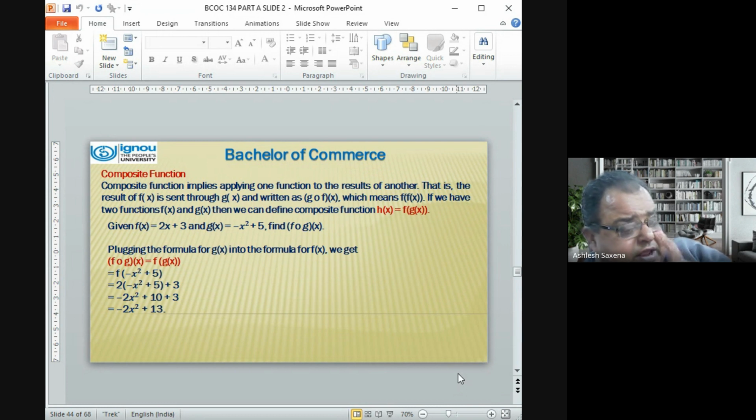So in equation 1, that is f(x) equal to 2x plus 3, replace x by minus x square plus 5, plus 3. On simplification, you will get minus 2x square plus 13. This is the relation in terms of x.